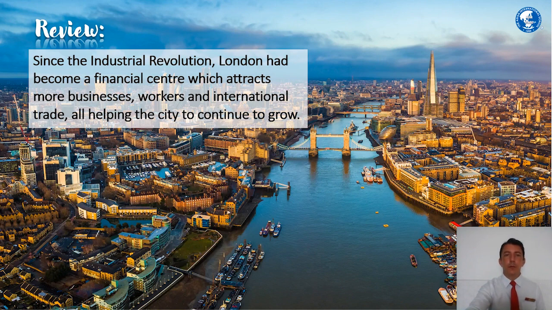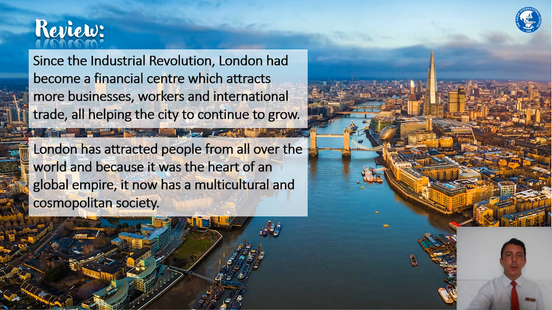Since the Industrial Revolution, London has become a financial centre which attracts more businesses, workers, and international trade, all helping the city to continue to grow. London has attracted people from all over the world, and because it was once the heart of a global empire, it now has a multicultural and cosmopolitan society.